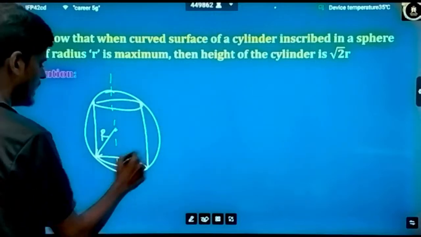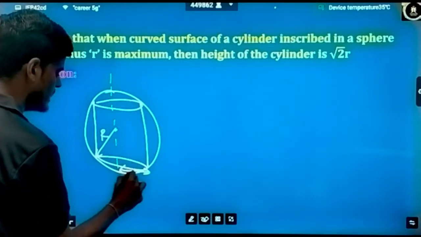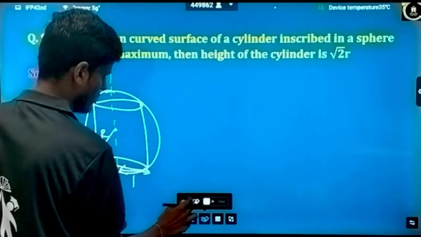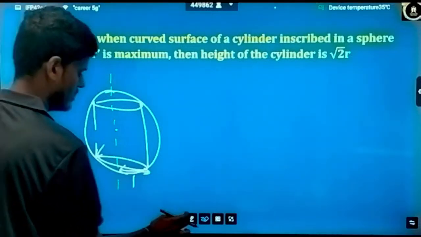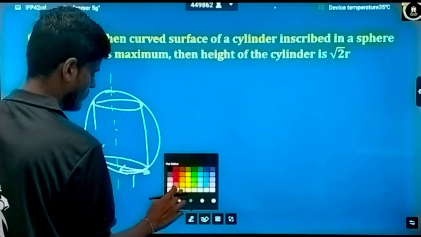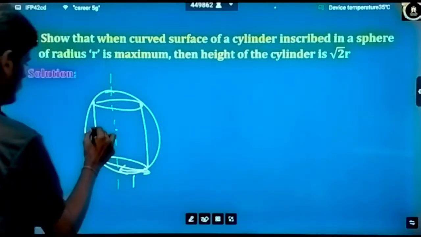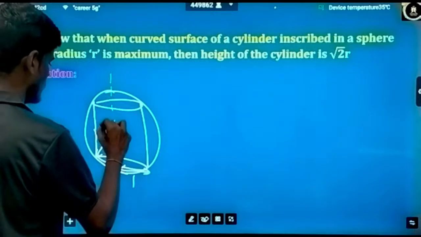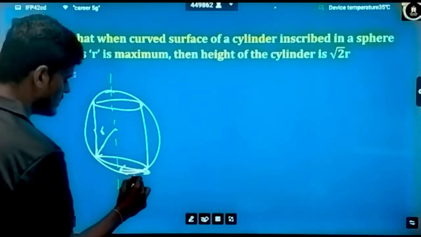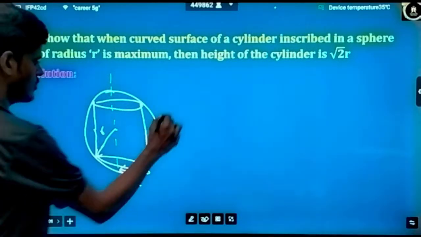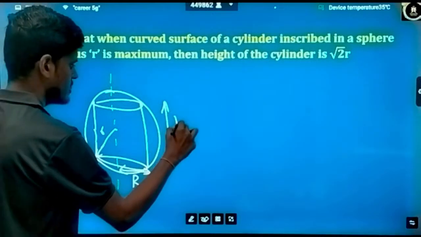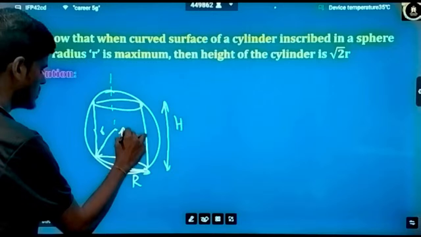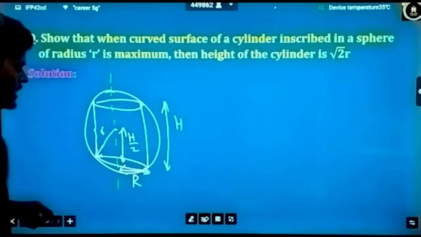Let the height and radius of the cylinder be, this is small r, and let this be capital R, and the total height is capital H. That means by symmetry this height is capital H by 2.